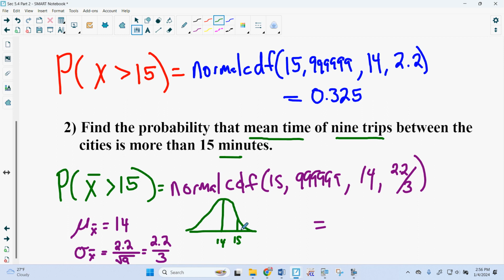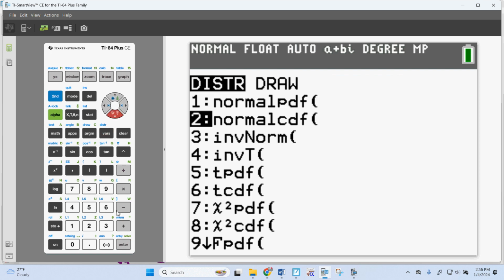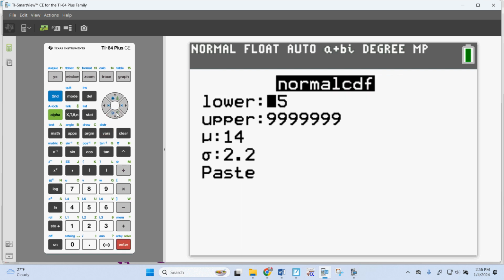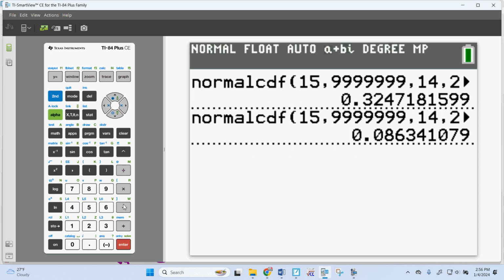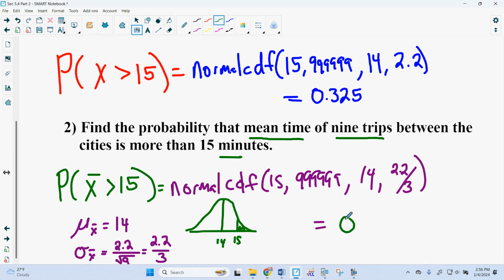So at 15, we should get a smaller answer because fewer of the means are greater than that. And all we really need to change down here is to divide by 3, and we get 0.086. So it is smaller because we are now looking at the mean of 9 trips.